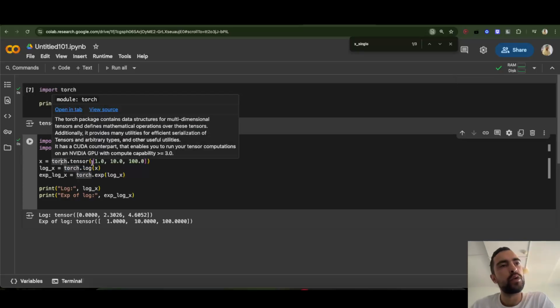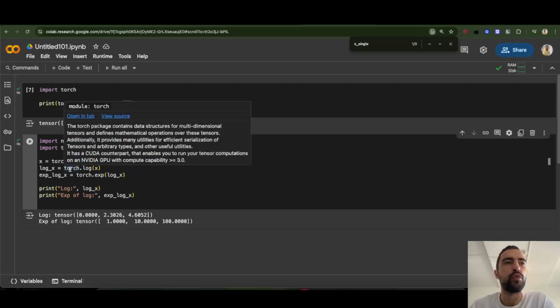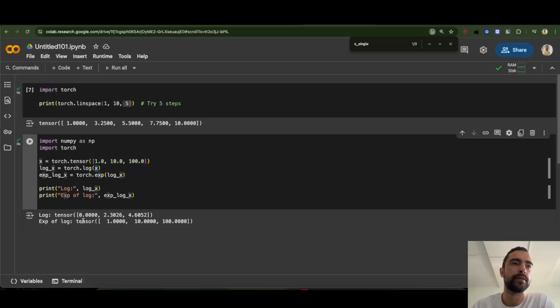So we have this tensor 1, 10, and 100. What torch log will do, you see these numbers 0, 2.3, 4.6. So e to 0 is going to be 1. So torch log will find which number, when you say e to this number, you get this number.